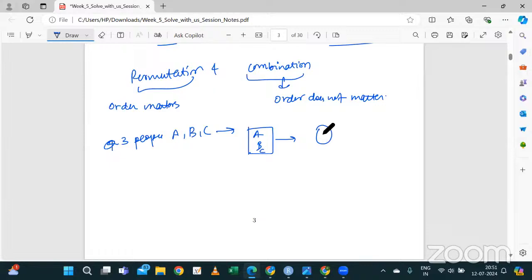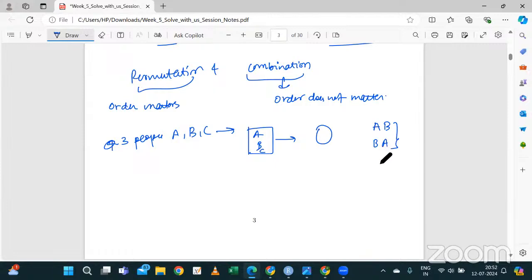That is combination, because we are just interested in selecting, not worrying about order. Whether I select A first and B second, or B first and A second, at the end I have selected A and B.